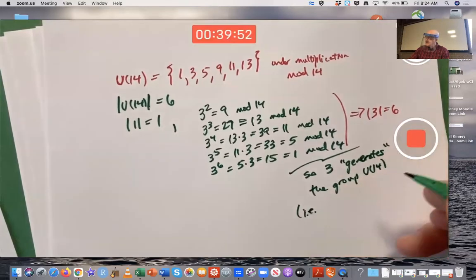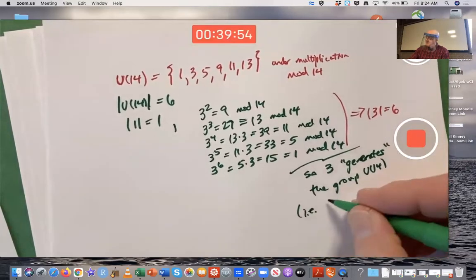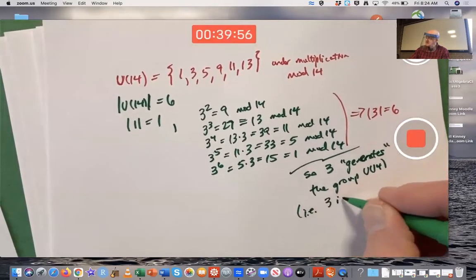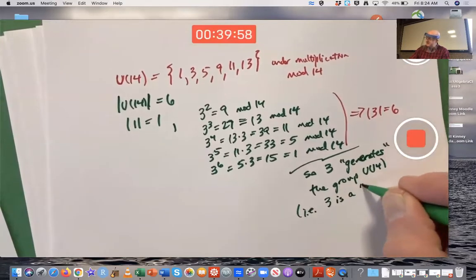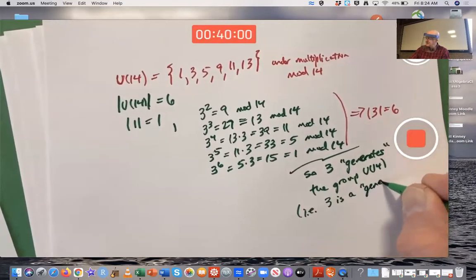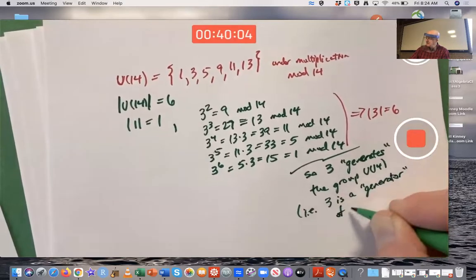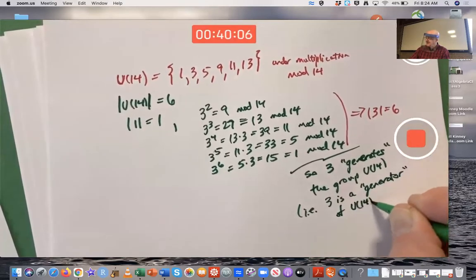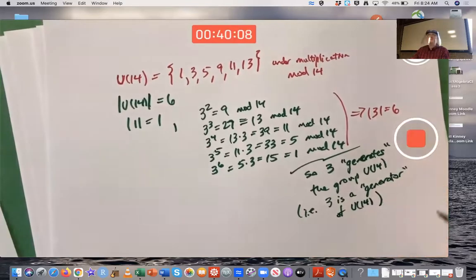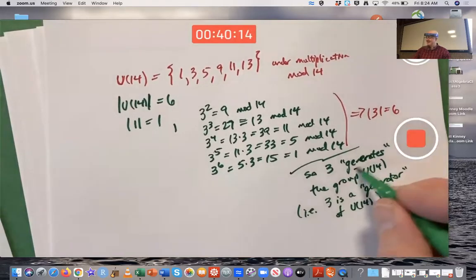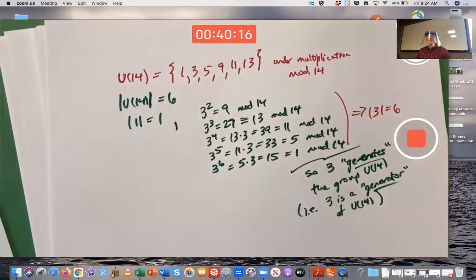i.e., another way to say this is that 3 is a generator. That's a more common way to say it, actually. Generator of U14. And we write a special kind of notation here.